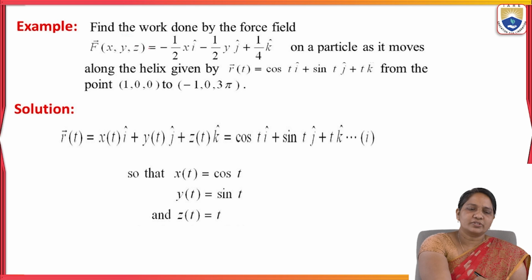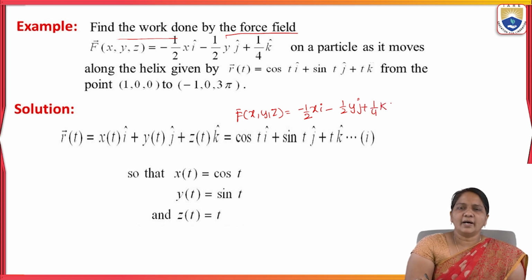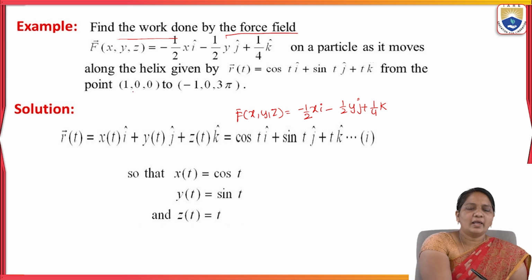See the question: find the work done by the force field F bar of x, y, z equal to minus 1 by 2 into x i minus 1 by 2 into y j plus 1 by 4 into k, on a particle as it moves along the helix given by r of t.